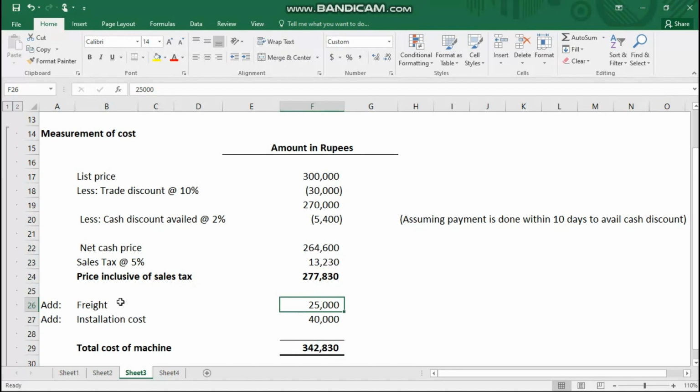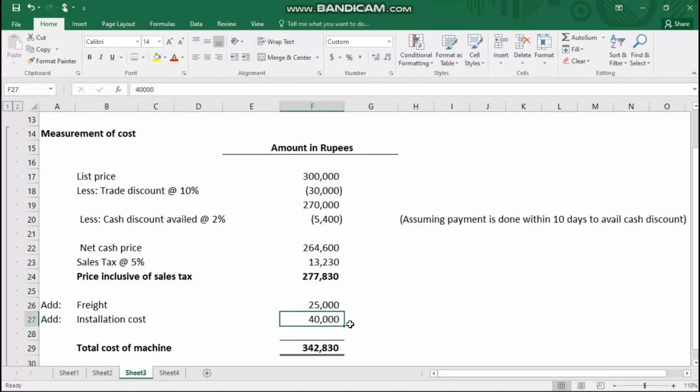We are calling it freight, and that is rupees 25,000. We will add this 25,000 to the cost of the item of property, plant and equipment, so it becomes part of the cost of machinery. Okay, and then once we brought it to our factory, we are installing this machine, and in the installation process, we incurred some cost. We must have given some amount to the people who were installing it.